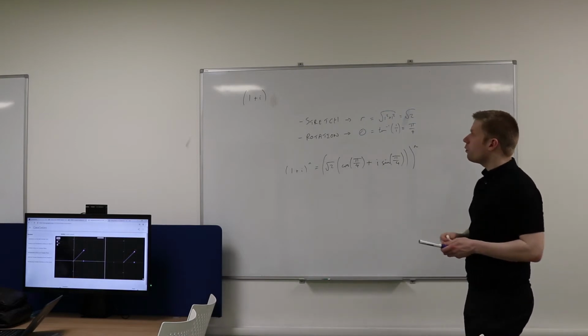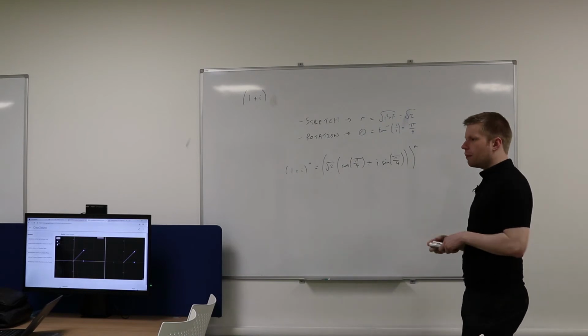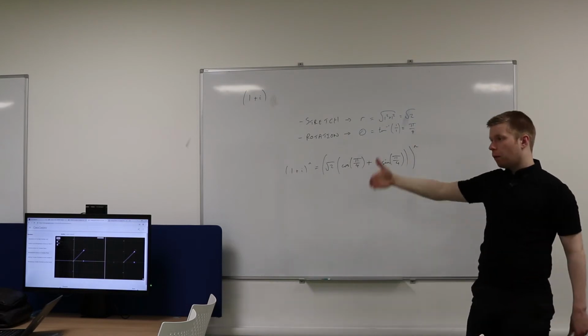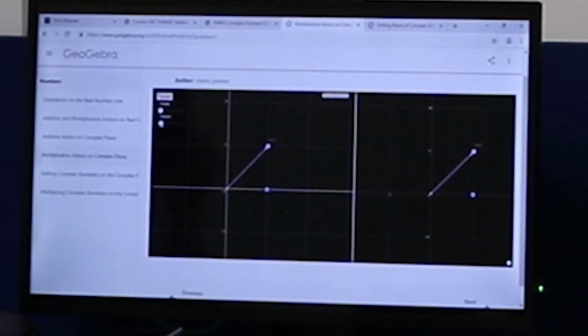This is what we finished off on Friday. So what happens if we raise this to higher and higher powers of n? Remember, when we multiply by complex numbers, we get this stretch of the entire complex plane, and we also get this rotation.